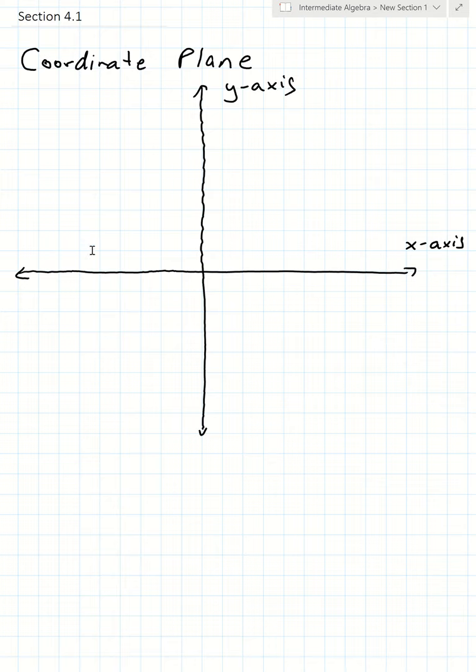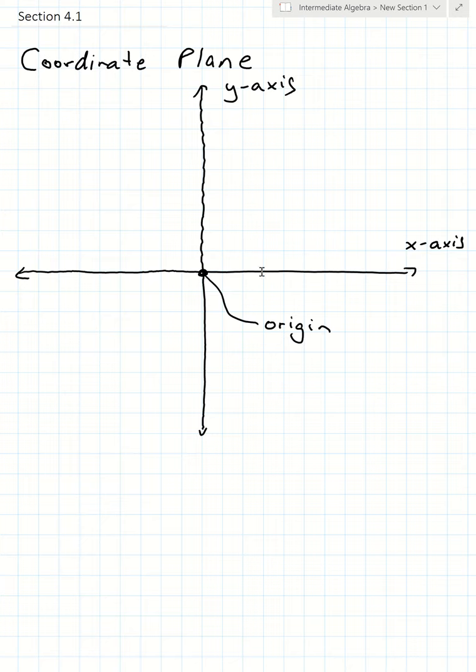Now, where these two lines meet right here in the middle has a special name for it, and it's called the origin. It's where we usually begin things, all right, in terms of graphing and plotting points.